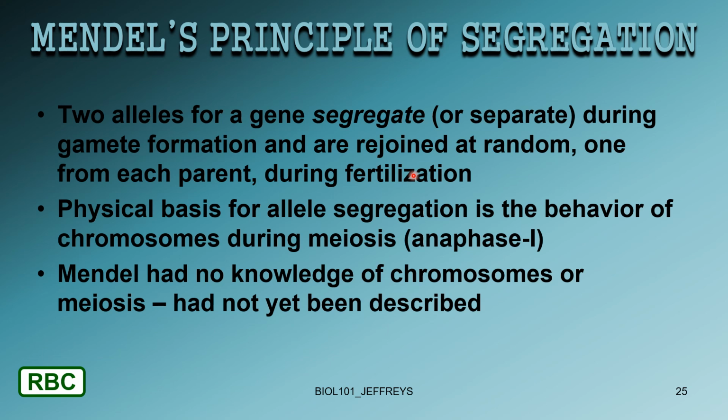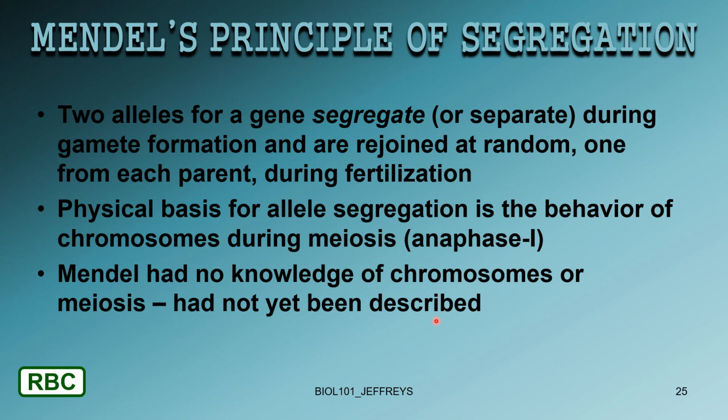The physical basis for allele segregation is the behavior of chromosomes during meiosis, and as you know now, that's anaphase 1. Interestingly, Mendel had no knowledge of chromosomes or meiosis. That had not been discovered; nobody had described it during this time.